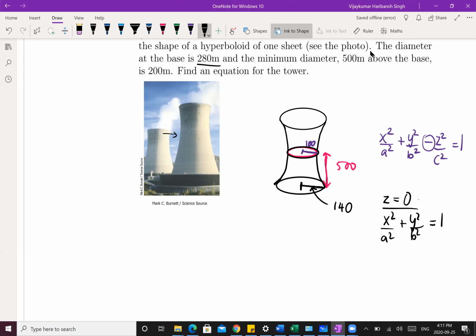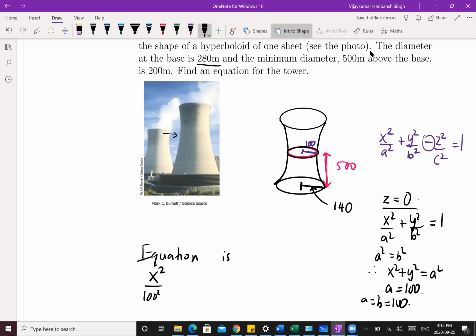But this is a circle, so we have a squared equals b squared, and a is 100 in this case. So we got a equals b equals 100. We are getting close. So our equation is x squared by 100 squared plus y squared by 100 squared minus z squared by c squared equals 1.